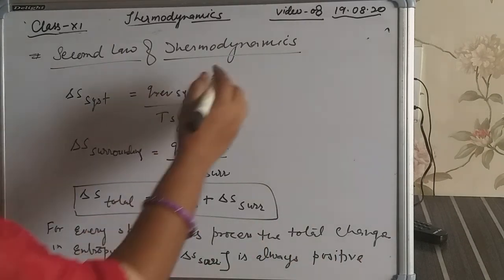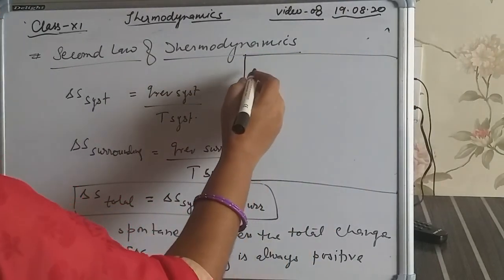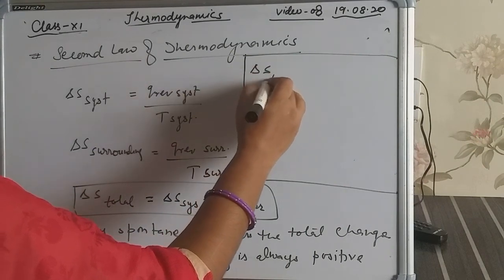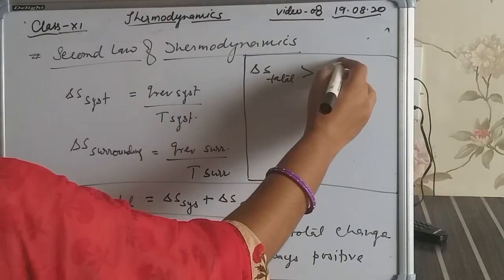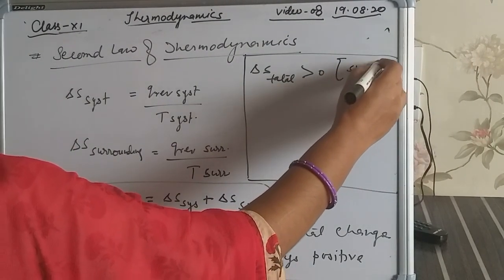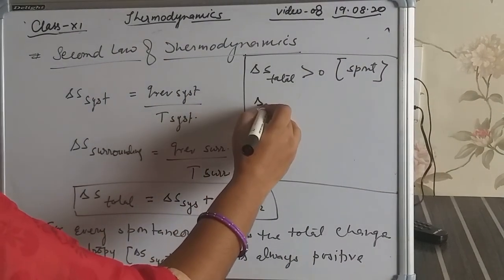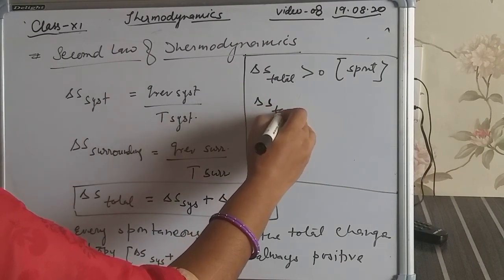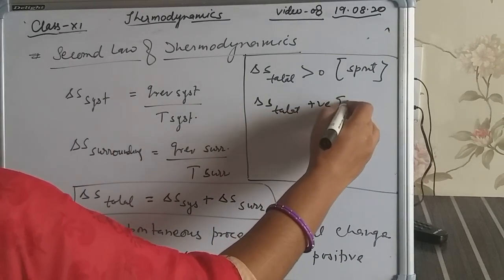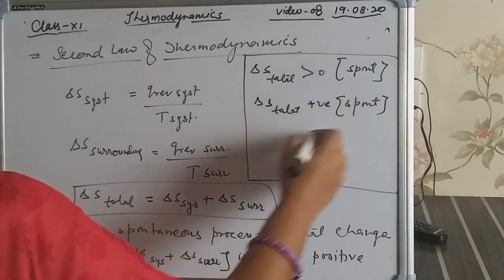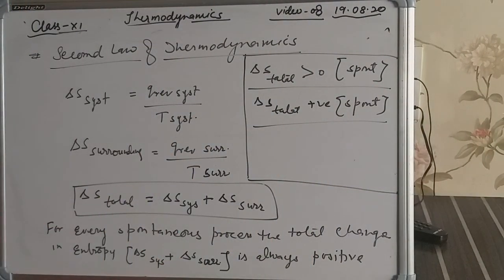So we can say that the total entropy change is always greater than 0 for a spontaneous process. The process takes place spontaneously, or we can say that the total entropy change is positive for a spontaneous process. This is the second law of thermodynamics.